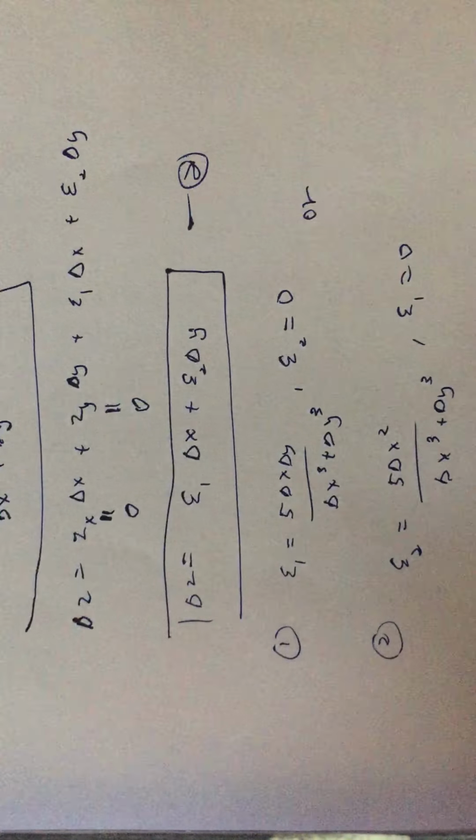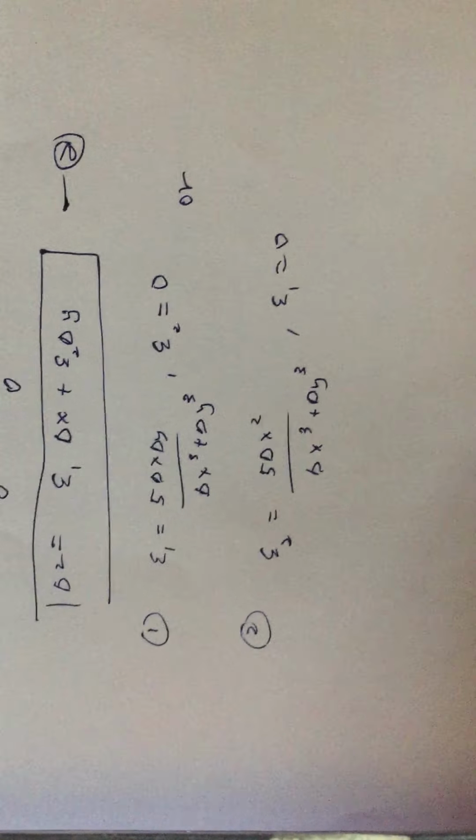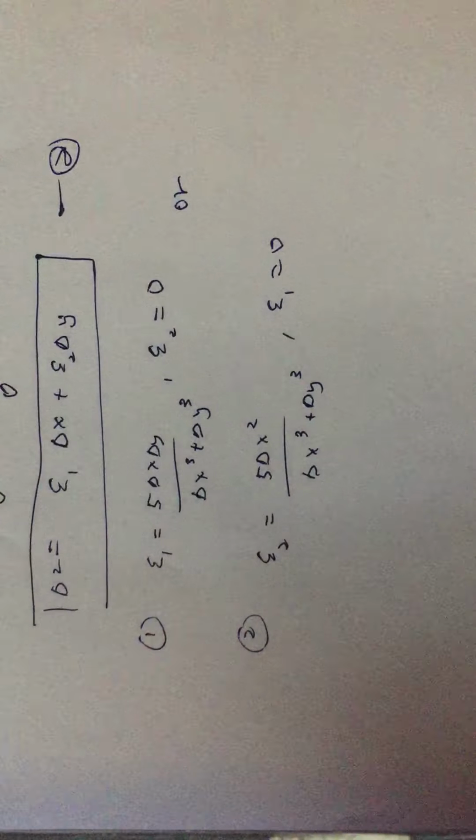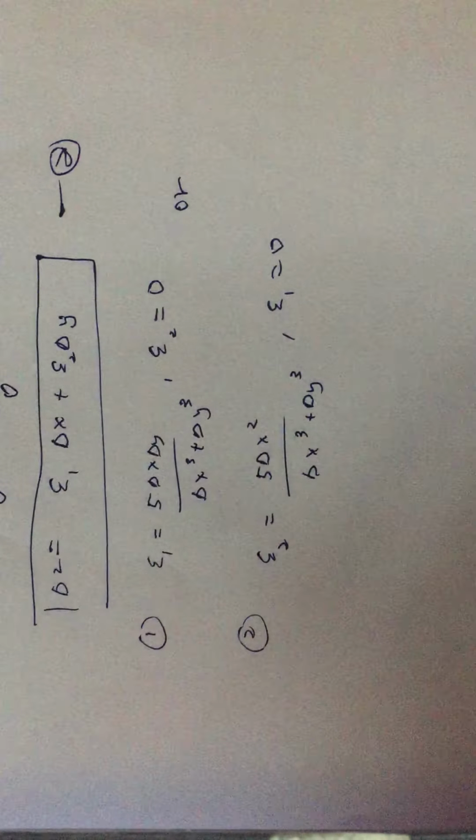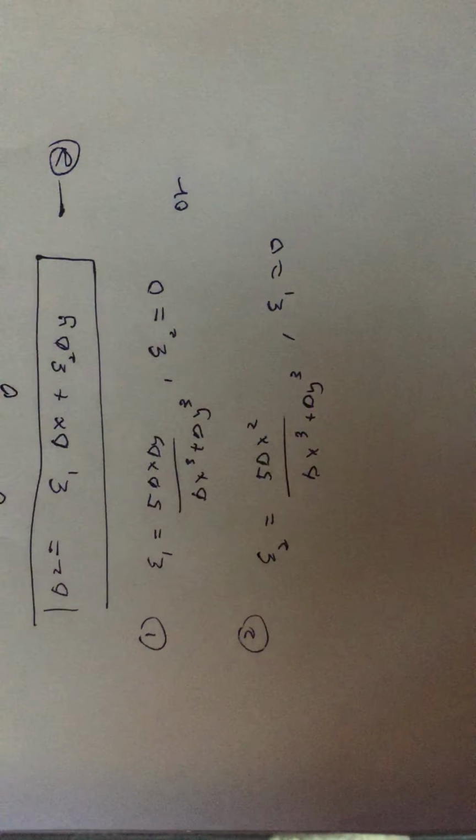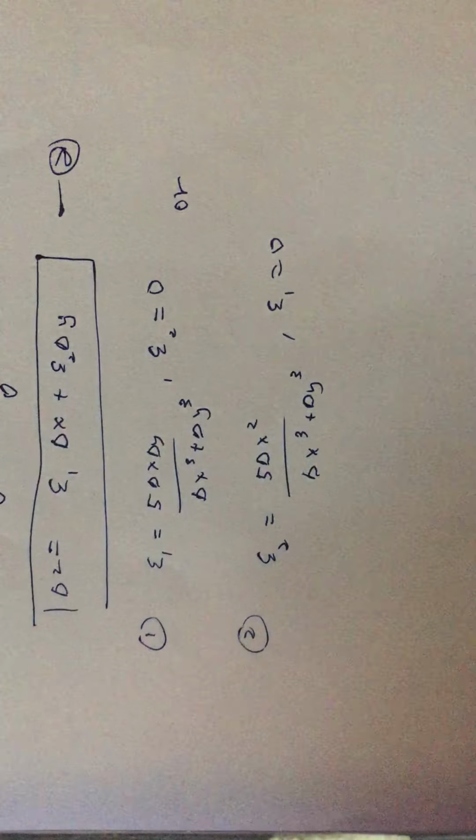So dalam teorem ni, bila mana delta x delta y equals to 0, 0, epsilon 1 goes to 0, epsilon 2 also goes to 0.